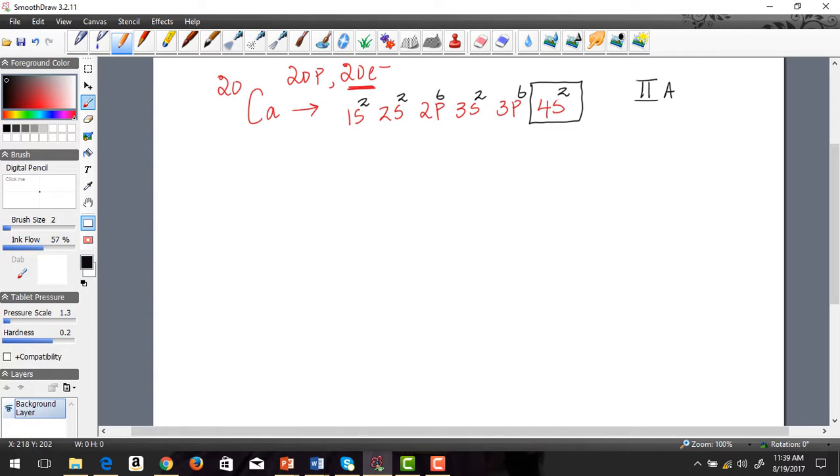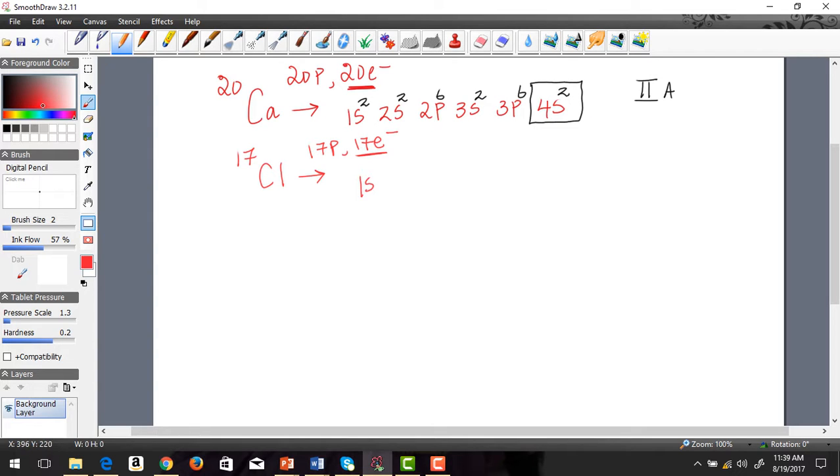All right, the next element in line is chlorine. So let's go get our pen. Chlorine, I believe its atomic number is 17 on the periodic table. So that means we've got 17 protons and 17 electrons. As always, we focus our attention on the electrons for the electronic configuration.